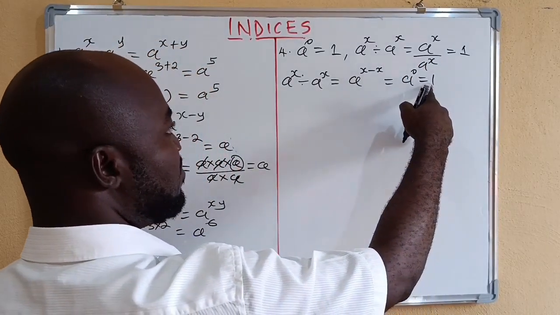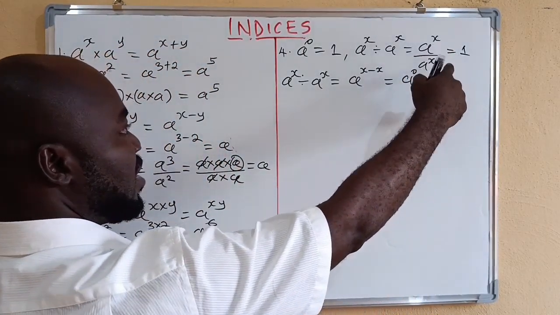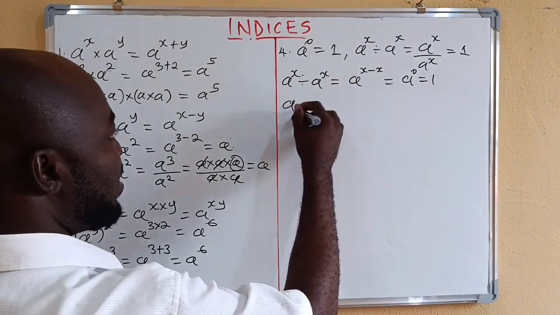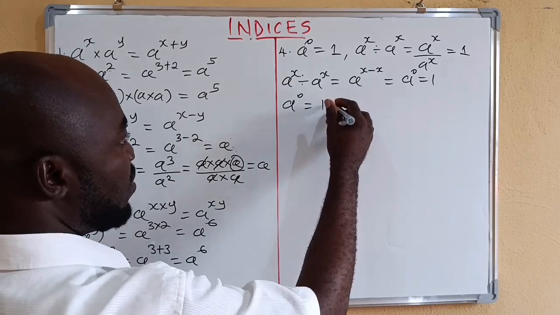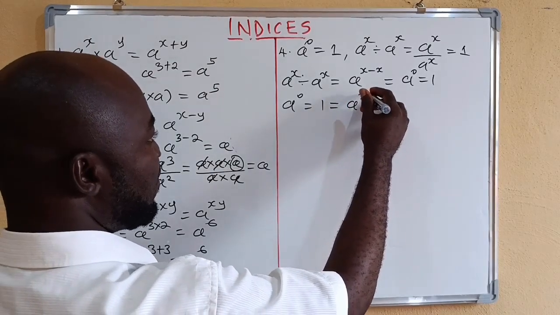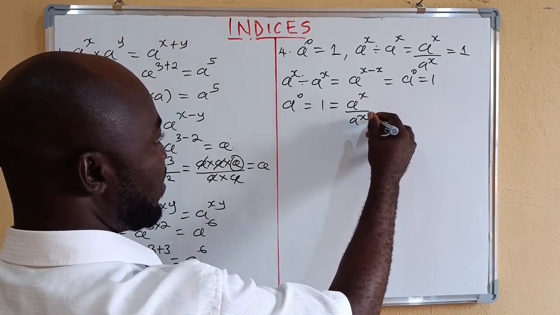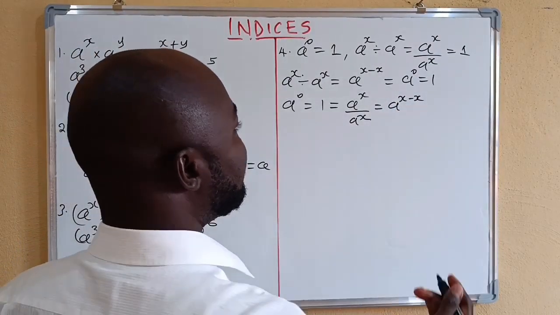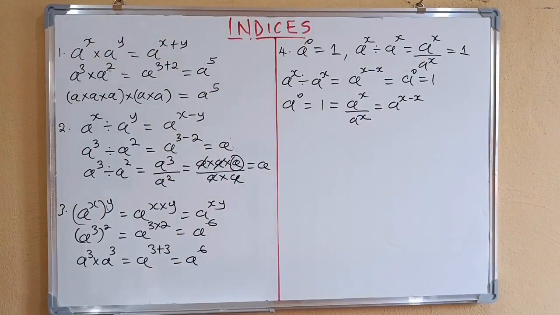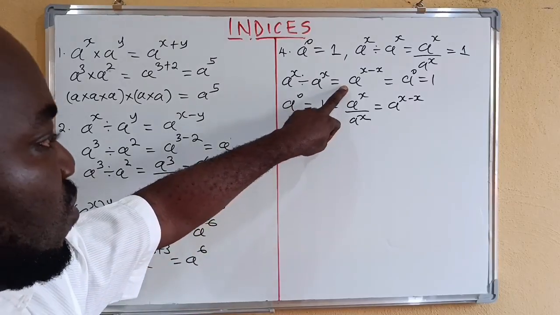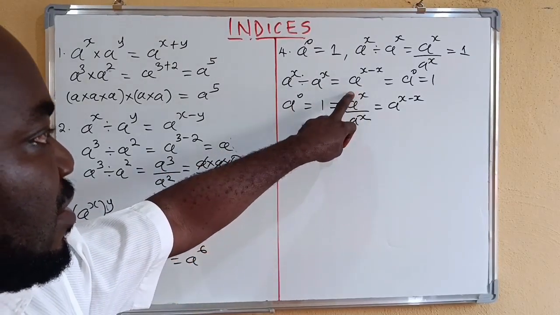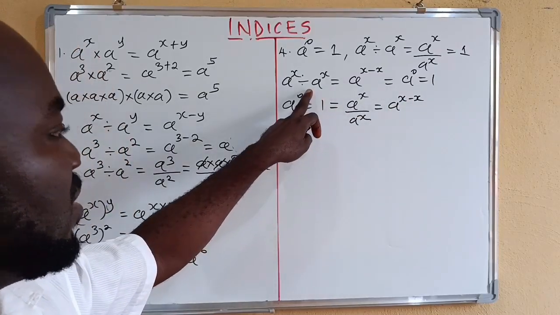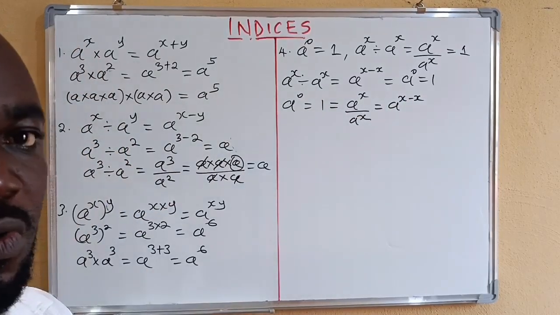So a^0, which is equal to 1, is the same thing as a^x divided by a^x, which is a^(x minus x). See how they are related. If you do normal division, having the same base and the same power, you have 1. If you subtract the powers, you have 0. So a^0 will give you 1.